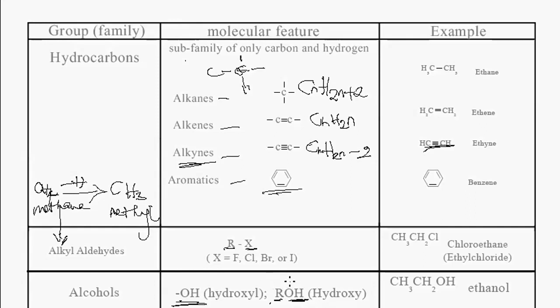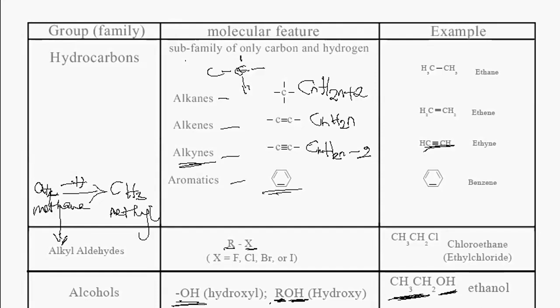This is how their molecular feature would look: an alkyl group attached to a hydroxyl group. A typical example of this is ethanol, which is an ethyl group attached to a hydroxyl group, making it ethanol, which is an alcohol.